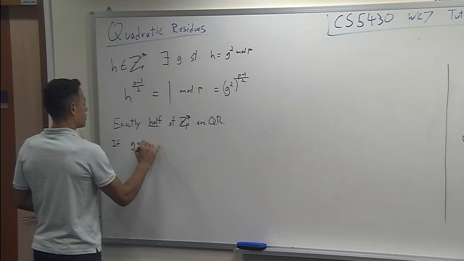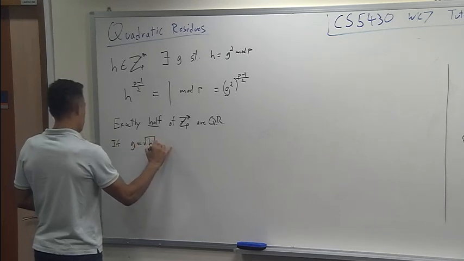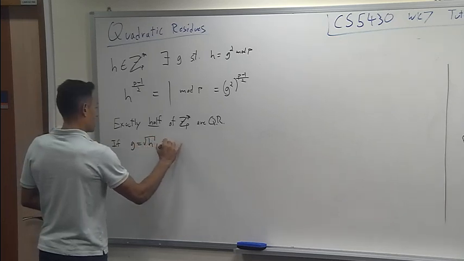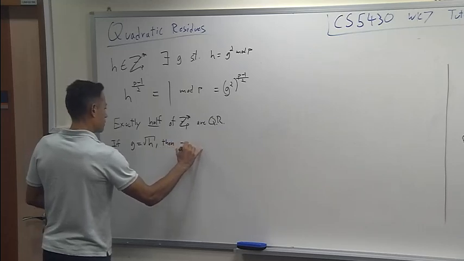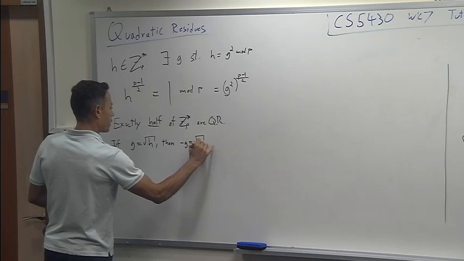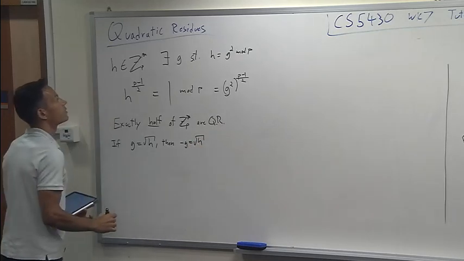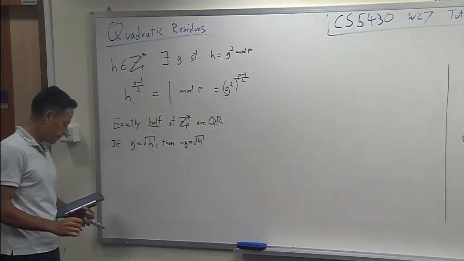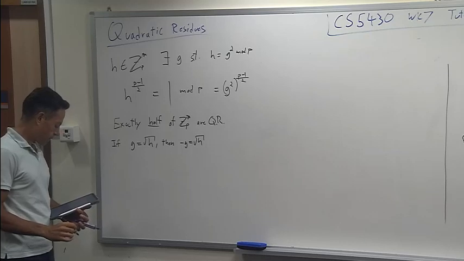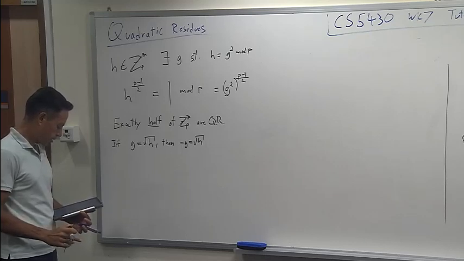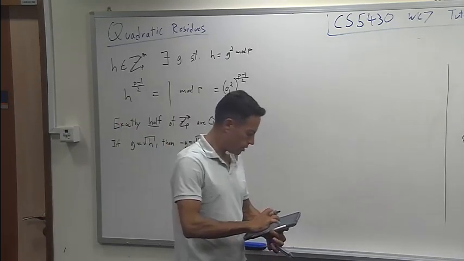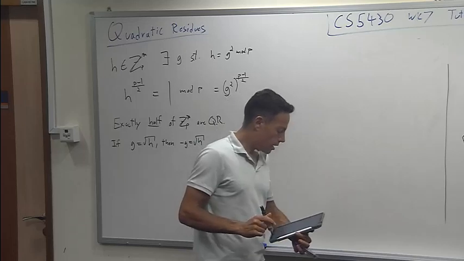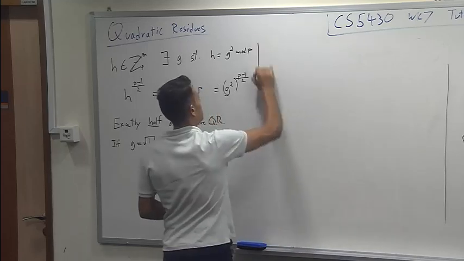g is equal to the square root of h. Then I'll use t instead of whatever. You get the idea. All right. Not a ton of time, so I'll run through this fairly quickly.